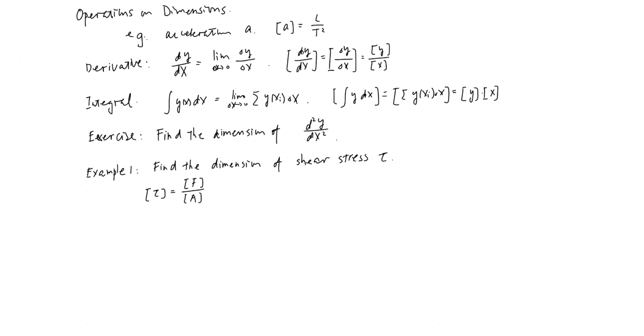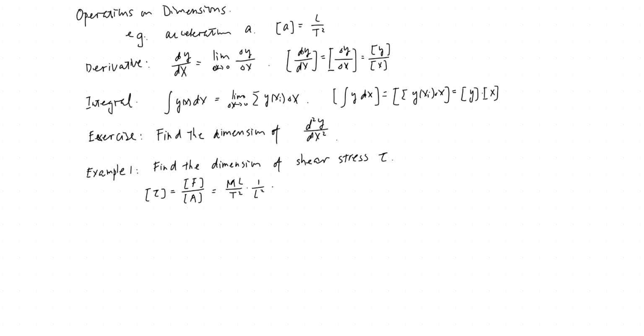Now, what's the dimension of force? You can think about what force is. From Newton's second law, F is ma, so it's mass multiplied by acceleration. So we know the dimension of force is mass multiplied by acceleration. Acceleration is length over time squared. Now divided by the dimension of area, which is length squared.